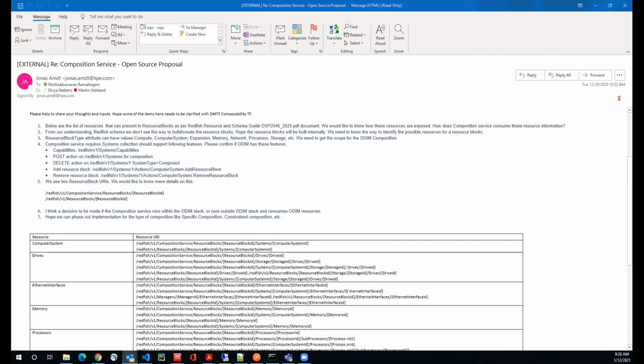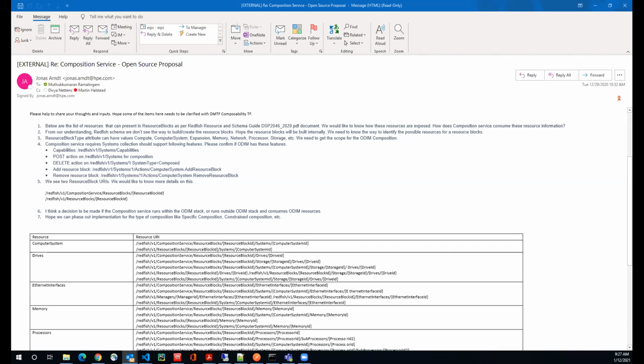So going back to this capabilities thing, how is it attached? There is a collection capabilities I see in the schema guide, but is that what this is, and how is it used? On the collection capabilities, the composition service will make use of the capabilities to build the composition, like what are the capabilities possible within that composed system.